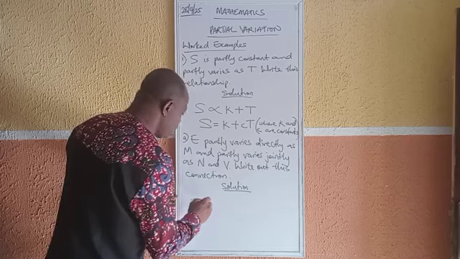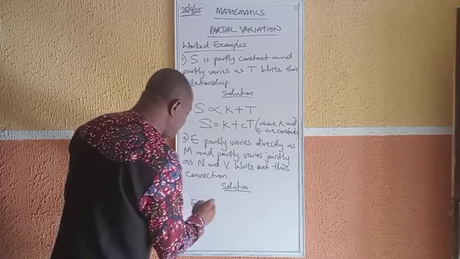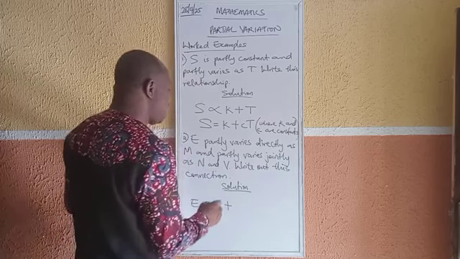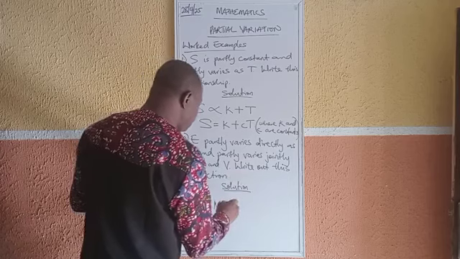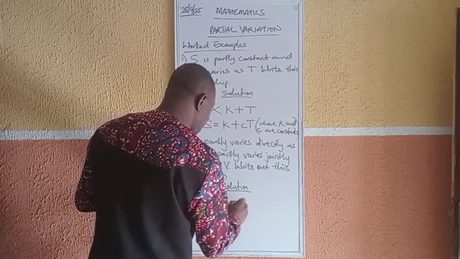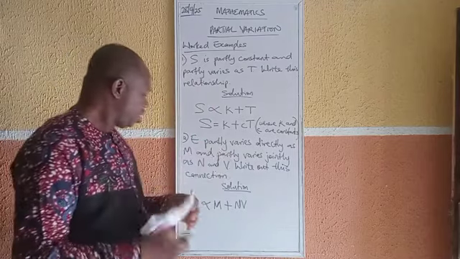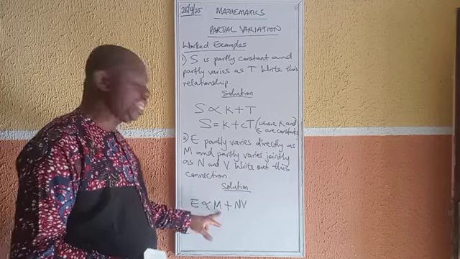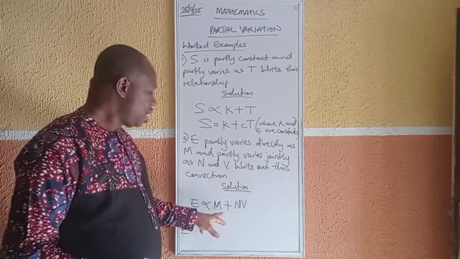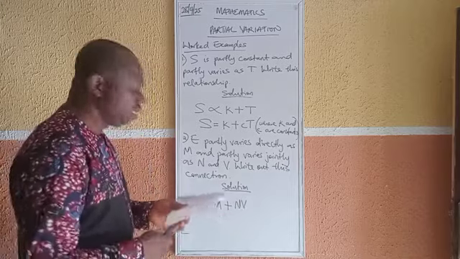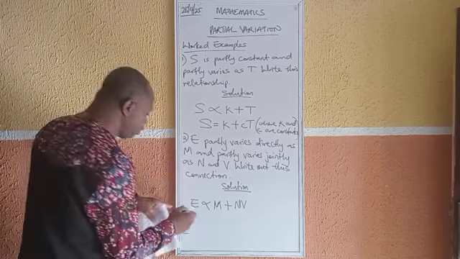E partly varies directly as M and partly varies jointly as N and V. E partly varies directly as M and partly varies as N and V. Let's introduce the constants now.